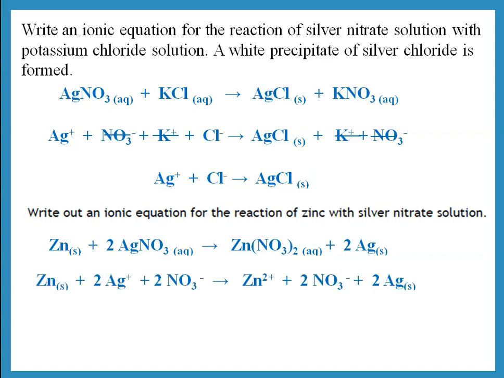Ionize the ones that are aqueous. So the zinc remains the same, but the silver nitrate becomes silver plus and nitrate negative. And we have 2 of each. To give zinc 2 plus, with nitrate we have 2 of them. And the silver solid remains the same. Now we cancel what is the same on both sides of the arrow, and I end up with this. Okay?